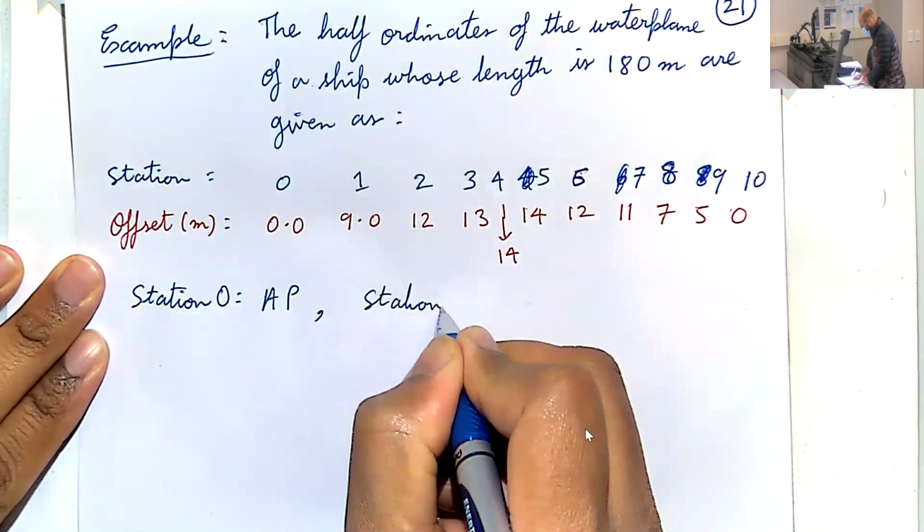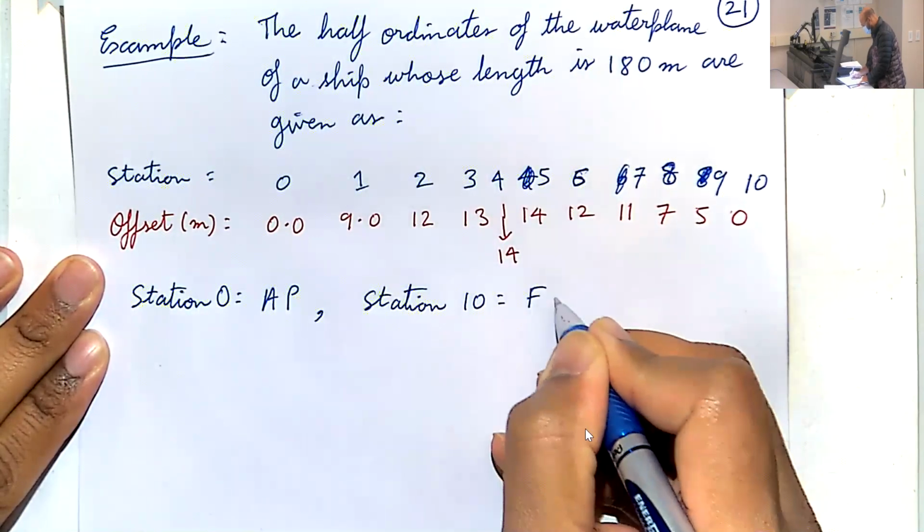Station 10 is the forward perpendicular.